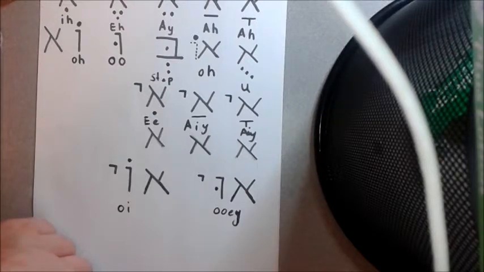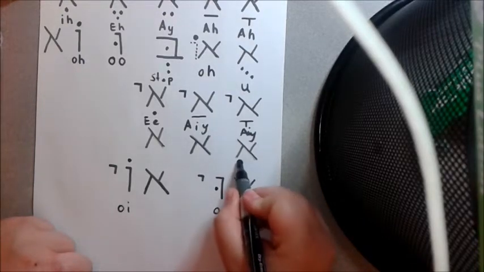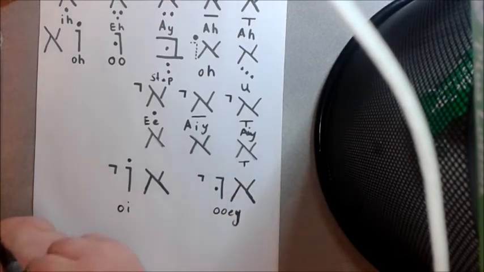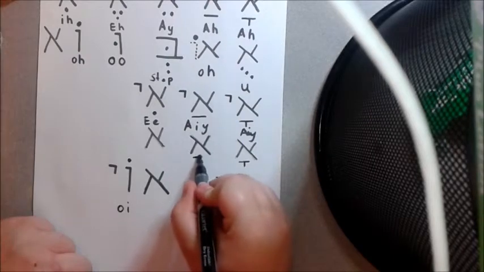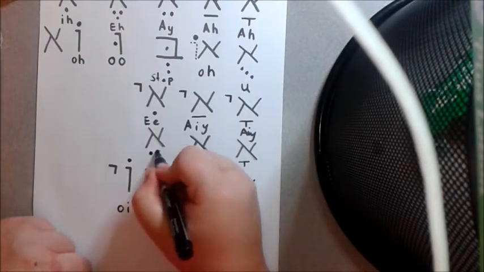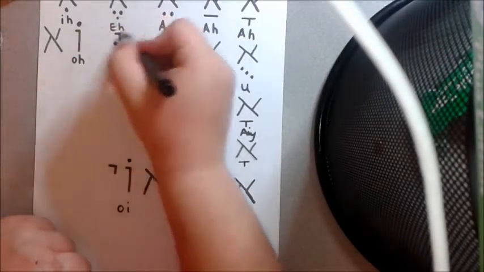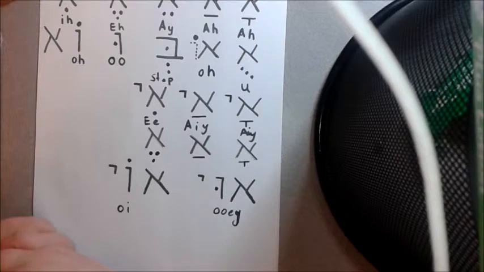So, the last thing I'm going to talk about, again, not going to happen a whole lot, I just don't want you to freak out when you start reading, is you might encounter, again, the ah sound with the T, the ah sound with the dash, and then we're going to bring back the eh. That's this one up here. The three dots say eh.